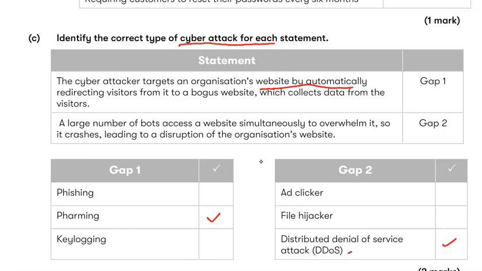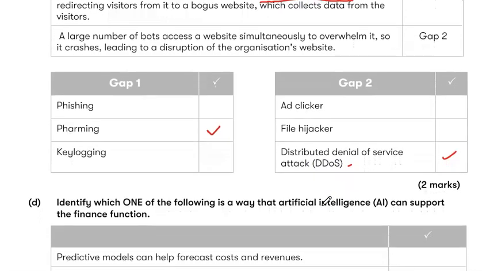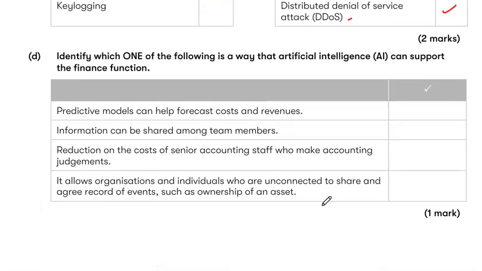In this case, the hacker attacks your website with a large number of simultaneous requests, so that you cannot control all the transactions or all the requests. Automatically, as a result, disruption will be created in your website. So this is called a distributed denial of service attack.